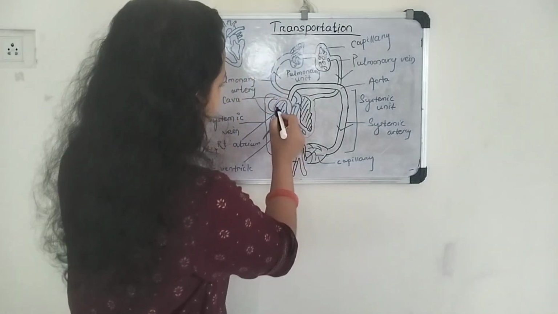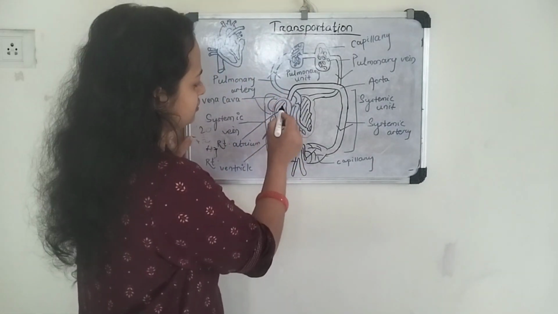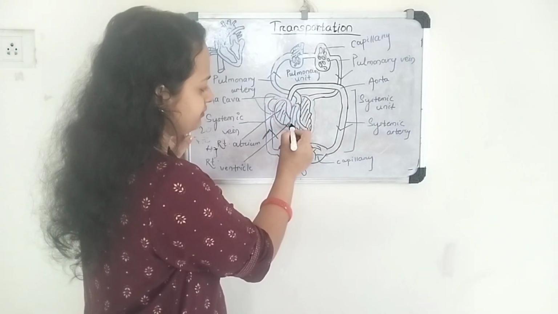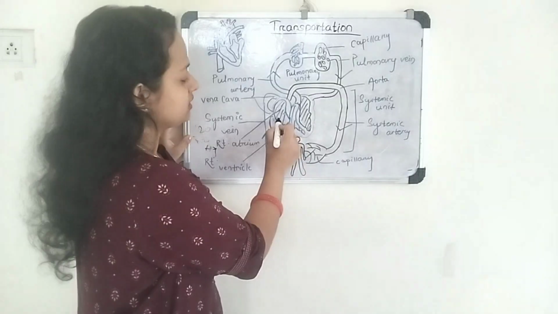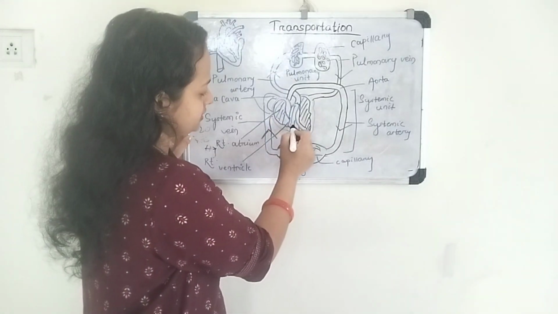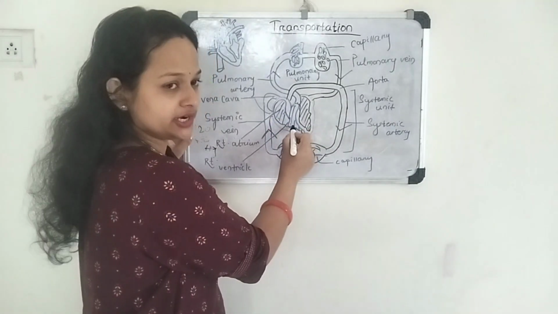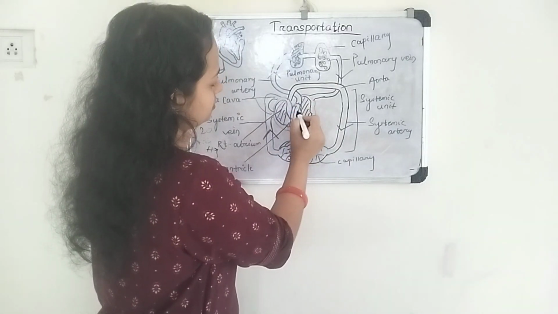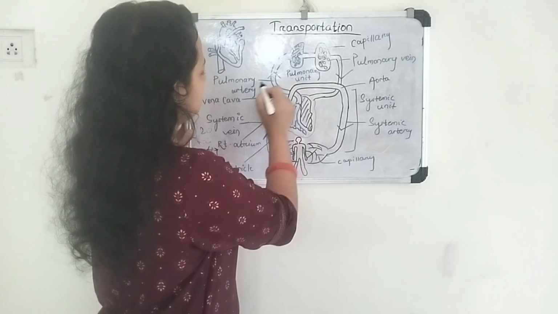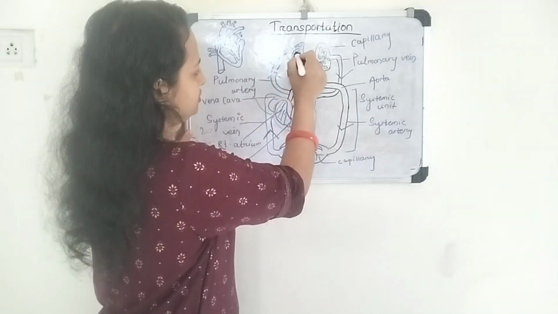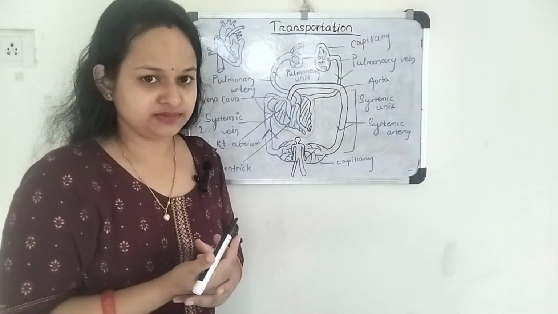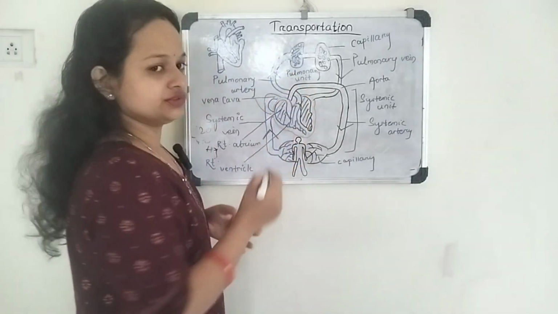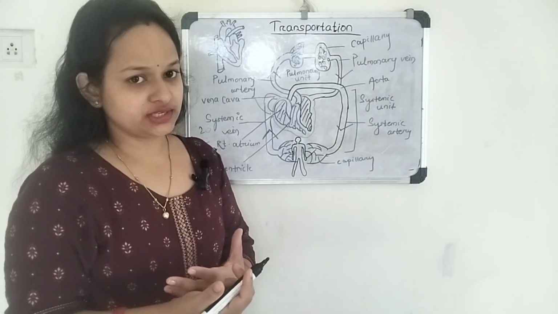Then from the right atrium it goes to the right ventricle through the tricuspid valve, and then through the pulmonary artery to the lungs for oxygenation. This route of circulation is known as pulmonary circulation.